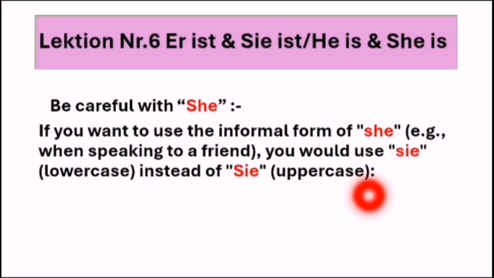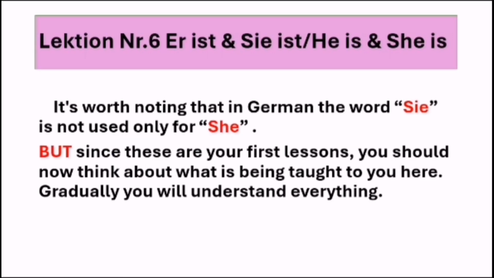It means that if you are talking or writing to your friend, you can use this lowercase one, okay, but if you are writing to your parents, your teachers, your grandparents, you must use this kind of Sie. It means uppercase, okay, the S should be in capital letter.